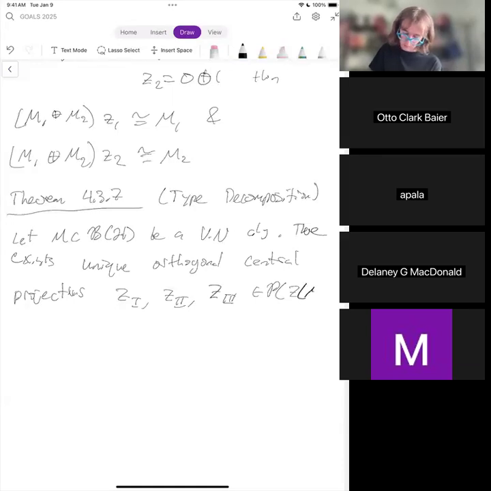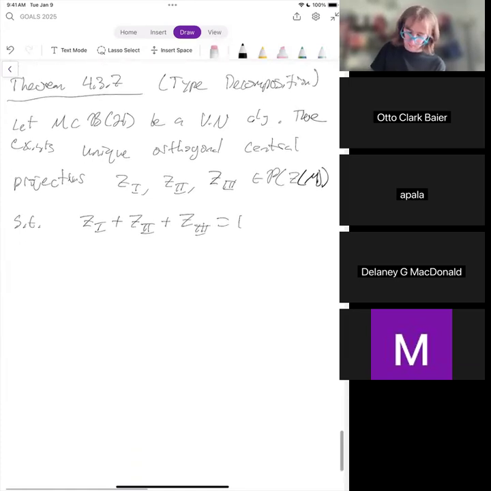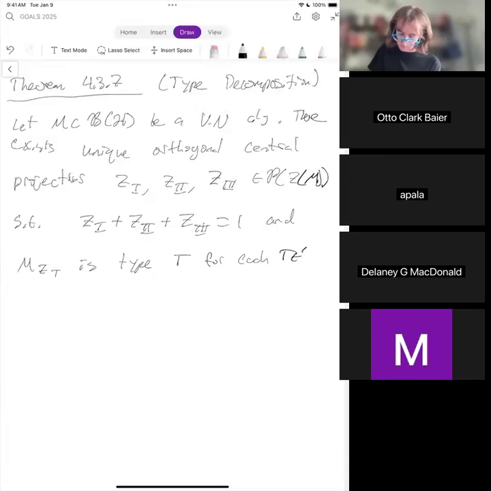They're central, so they're in the center of M, such that they sum up to 1, and M Z_t is type t for each t in 1, 2, or 3.